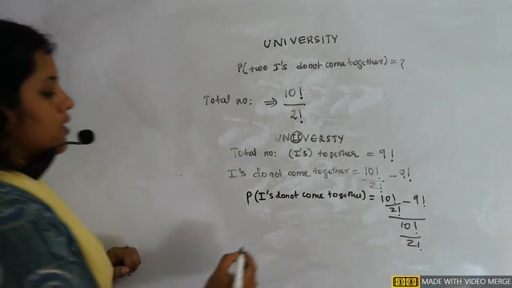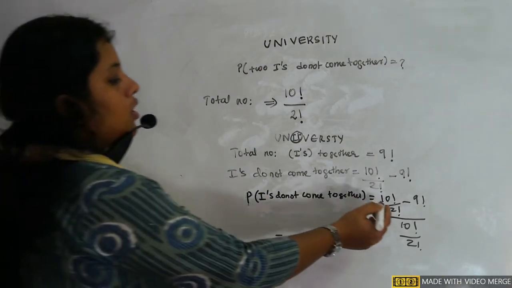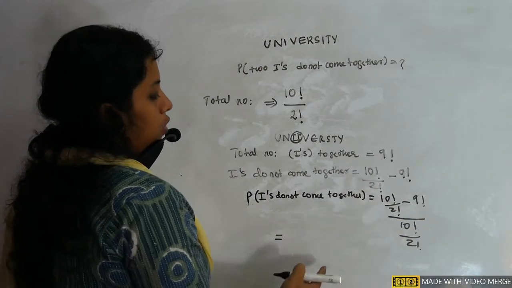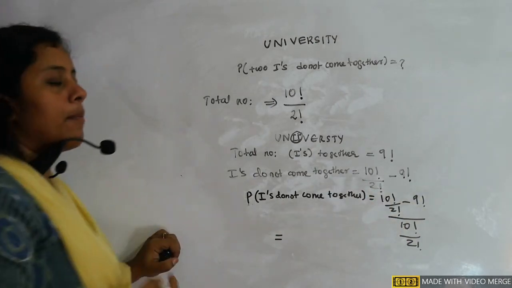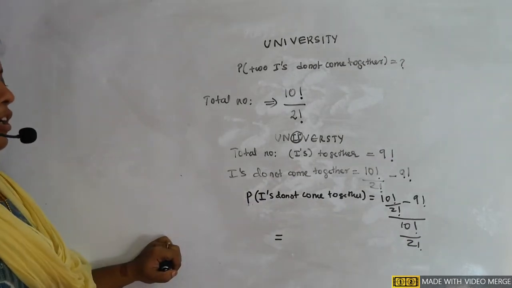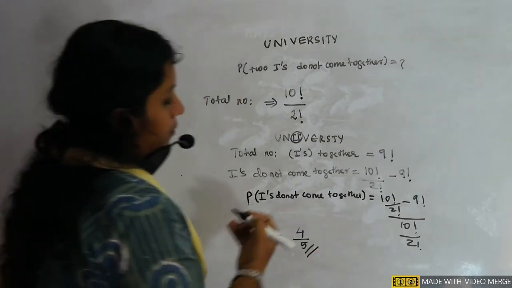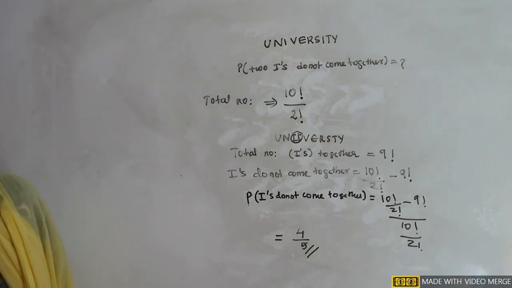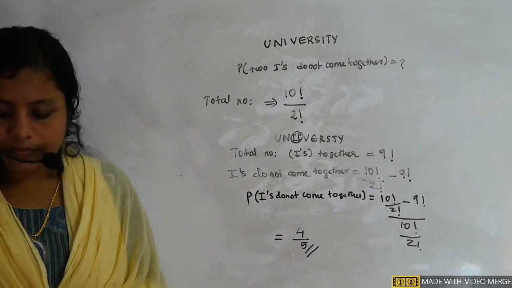Once you solve this, you are going to get the answer as 4 by 5. Just apply 10 factorial by 2 factorial, which is going to be a big number, minus 9 factorial, divided by 10 factorial by 2 factorial. You will get 4 by 5. So the option is option A, 4 by 5.